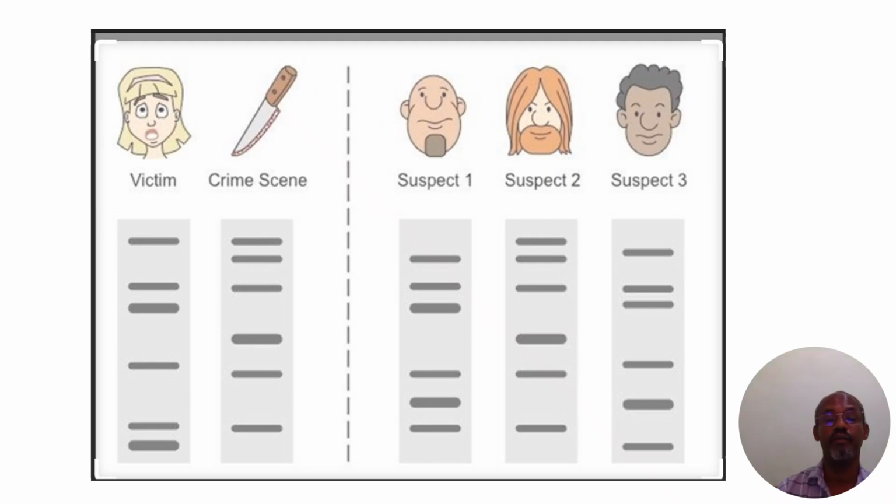Some may flee, of course. Then, if you get a match between one of the suspects and the crime scene, therefore that suspect is responsible for the crime.